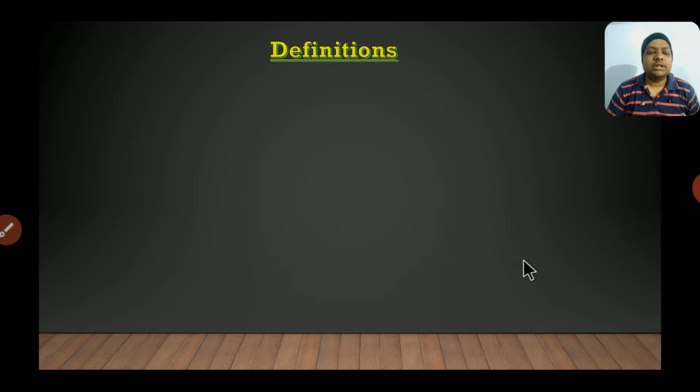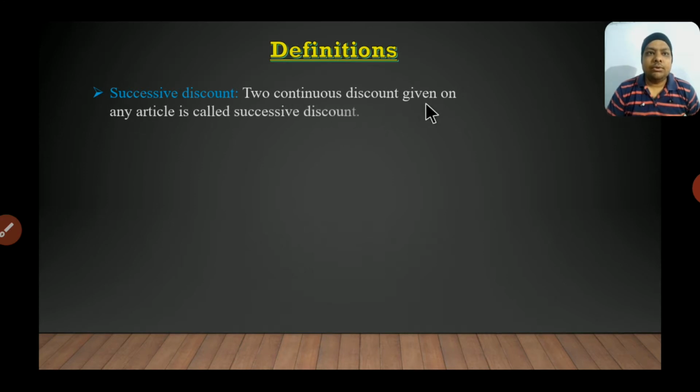Now, students, let's start with the definition. What is successive discount and how can we solve questions based on it? Two continuous discounts given on any article are called successive discount.